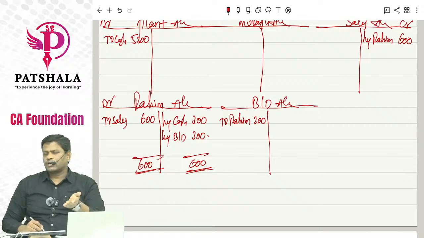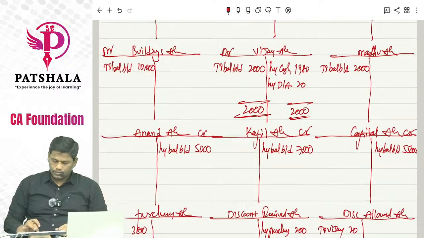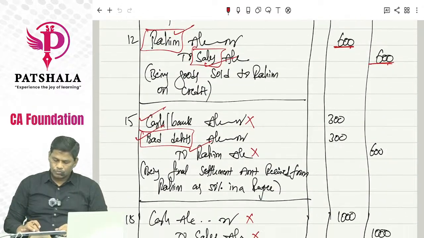We got only 300. Balance 300 was bad debts. Okay? Go to Rahim, by cash 300, by bad debts 300. We have done with this.